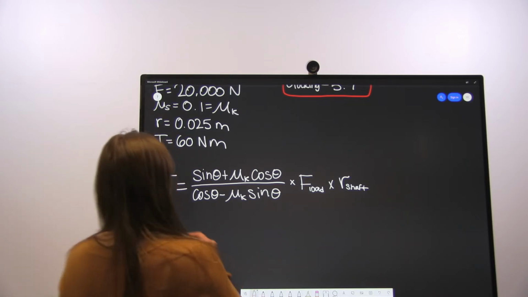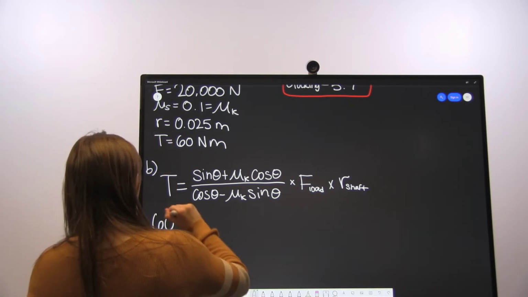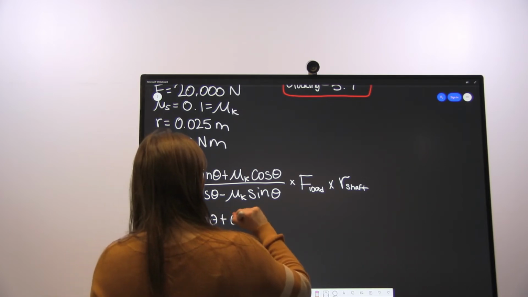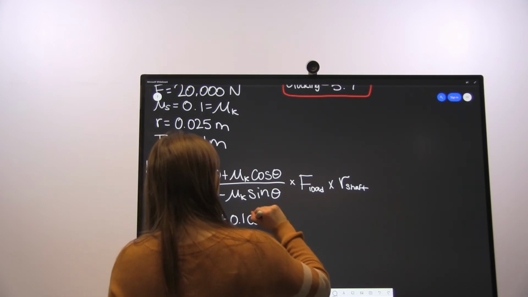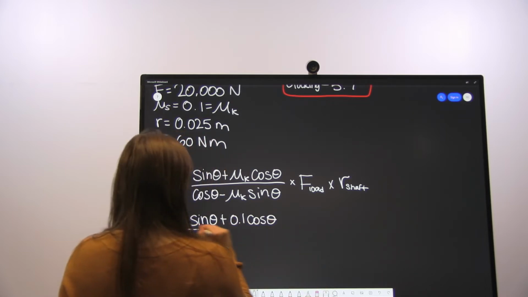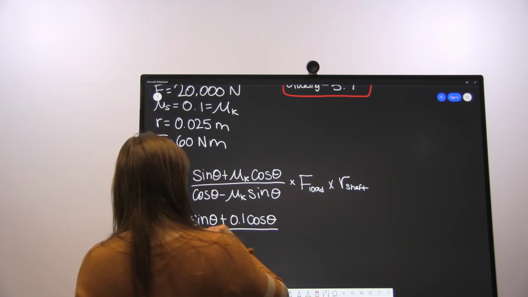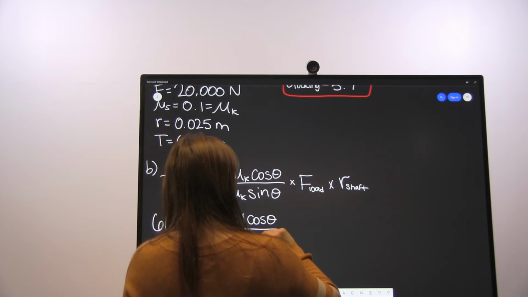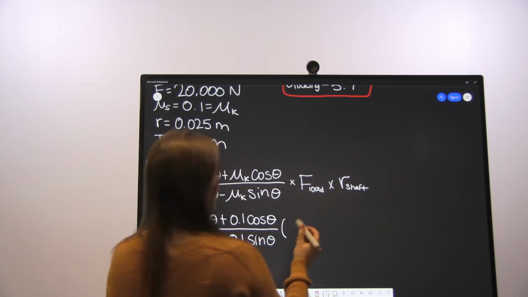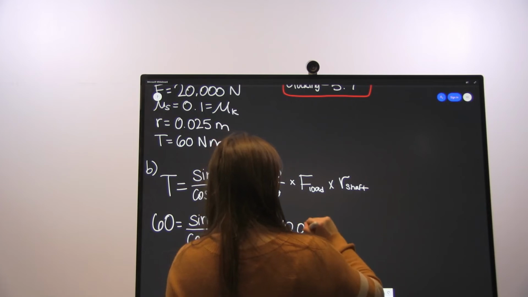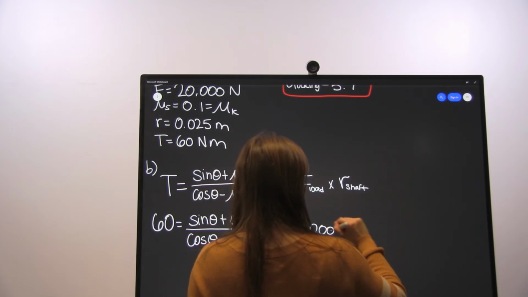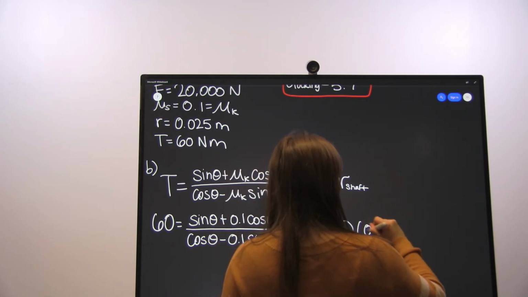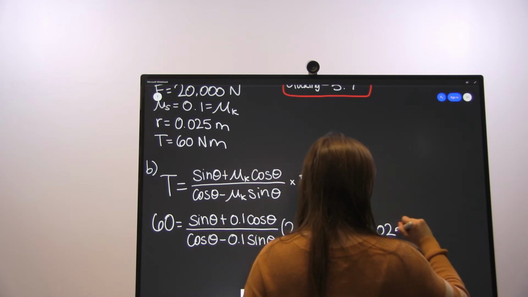So we're going to plug those in, which is 60 is equal to sine theta plus 0.1 cosine theta divided by cosine theta minus 0.1 sine theta times 20,000 newtons times 0.025 meters.